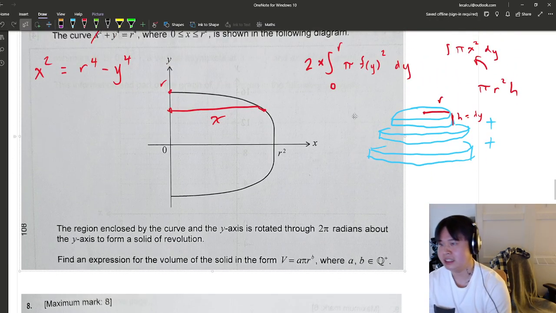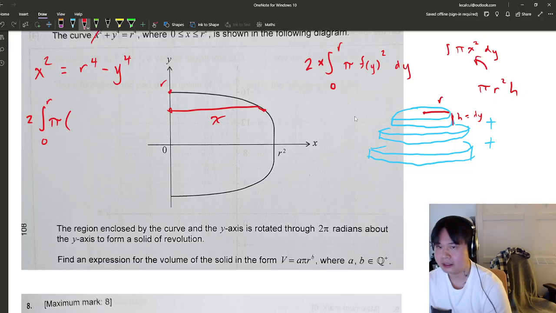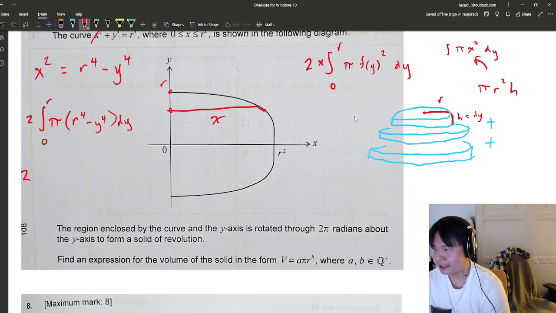Okay, with that being said, we are going to substitute our x squared with r to the power 4 minus y to the power 4 dy. Okay, we can pull out the pi, it's a constant.